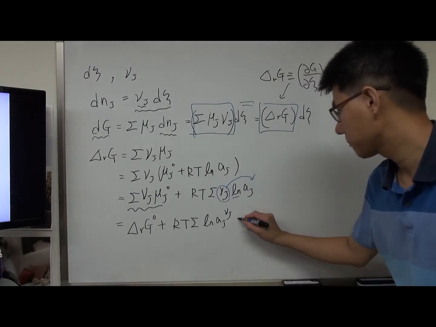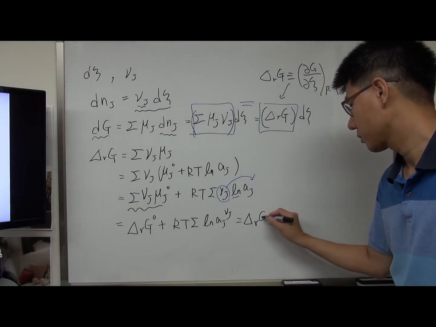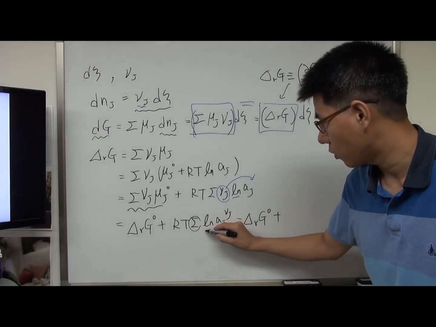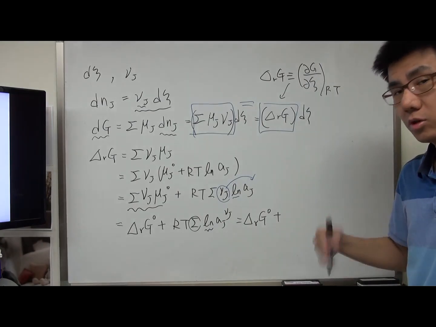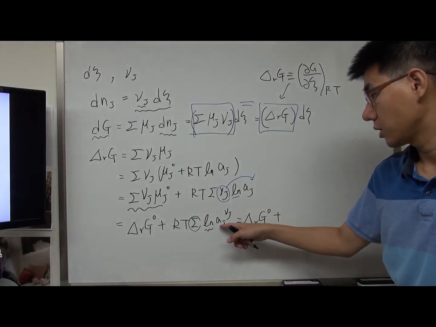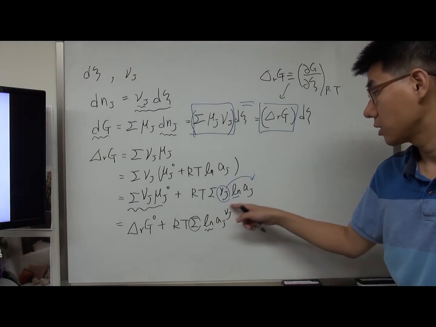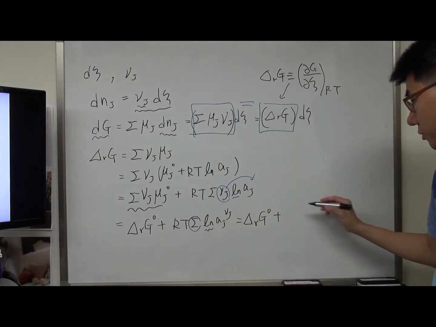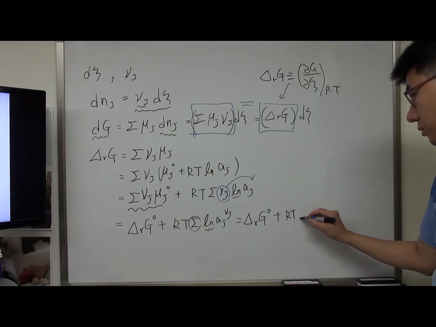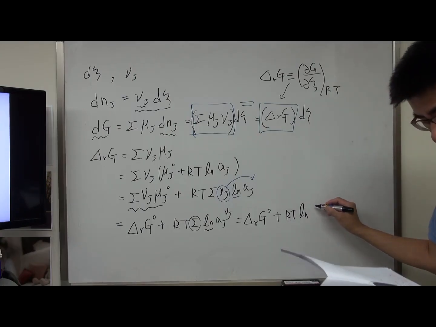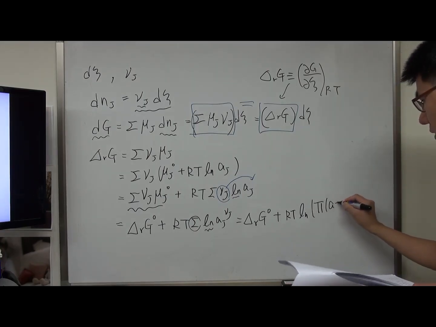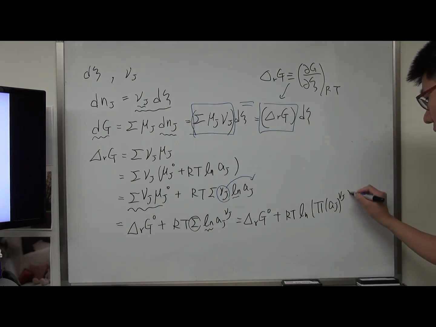Since there is a sigma for log, if you sum up many different kinds of logs, you basically multiply them, which is the product pi of a_j to the nu j.